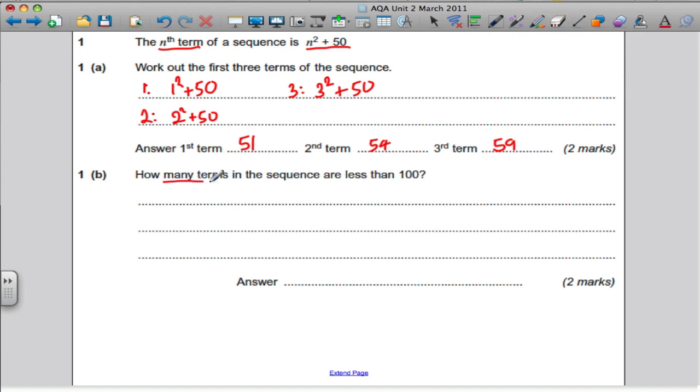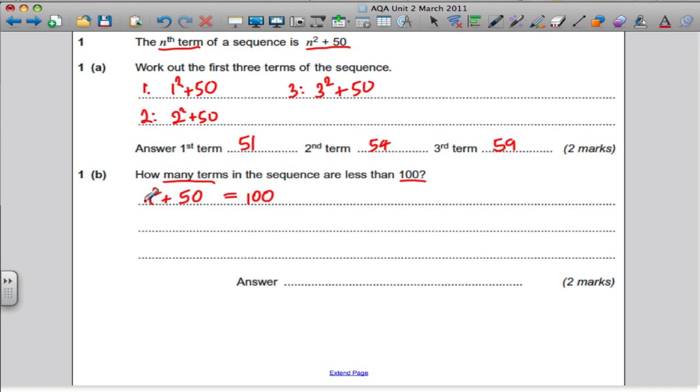It says how many terms in the sequence are less than 100? Well, why don't we see what value of n makes the sequence equal 100? So if I was to work out what the nth term would have to be to get something like 100 or close to 100. Now let's just think about n.